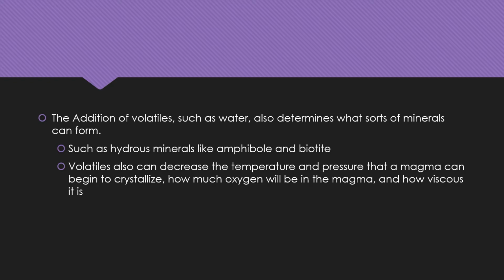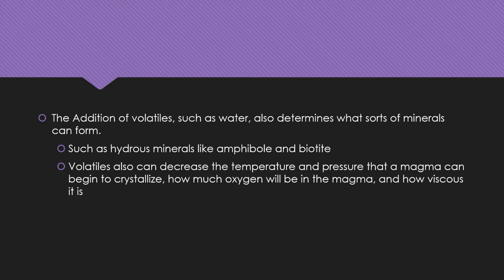So let's say a magma needed to be at 1000 degrees Celsius and at a pressure of 800 bars. Well, now that water is involved, both the temperature and the pressure necessary for crystallization to form is now less, meaning that it can start crystallizing at lower temperatures or lower pressures.